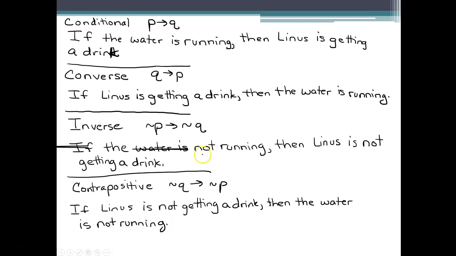Okay, so if Linus is not getting a drink, then the water's not running. That is logically equivalent to the conditional. Remember, in the conditional, the prompt would be the water running, and the follow-up would be Linus getting a drink. But if we observe that Linus isn't getting a drink, then apparently the prompt of the water running didn't happen. So the conditional and the contrapositive go together. They're logically equivalent.